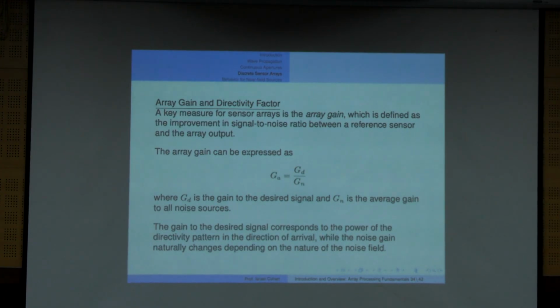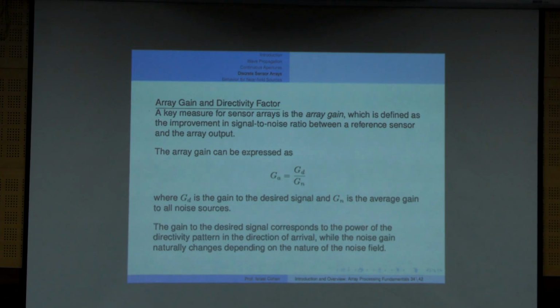But it also depends on the average gain of the noise sources. So it depends what type of noise I have, what the directions of the noise sources are. In case the noise is diffuse noise, what is diffuse noise?